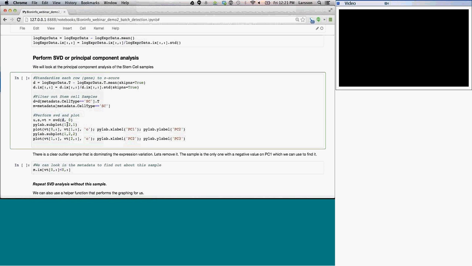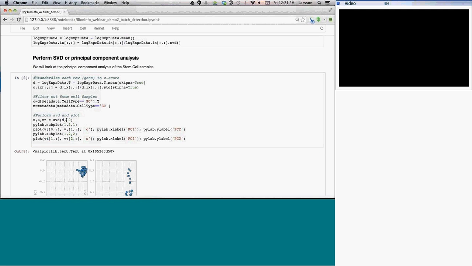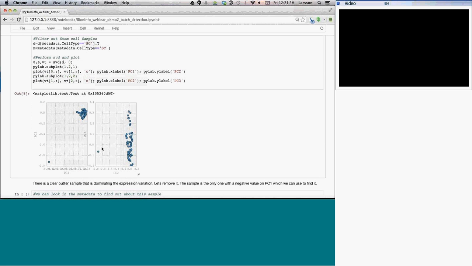And then the last thing I'm going to do is plot the first singular vector versus the second singular vector in the first plot, and then a second plot with the other singular vectors, so we can see what these look like and what the variation is. I'm not color coding by anything like that. But what you see here is that the majority of the variation in the data, so PC1, responds to the difference between one sample in the set and the bulk of the samples over here.